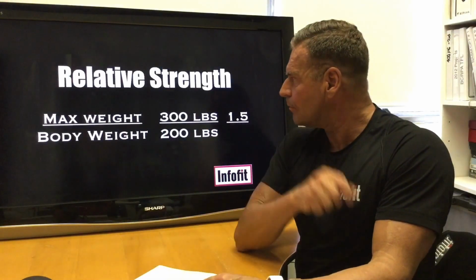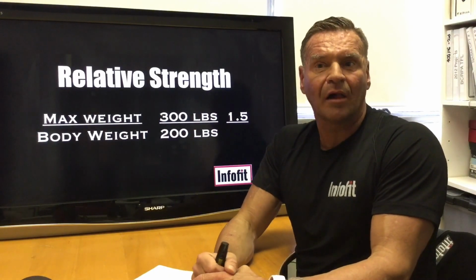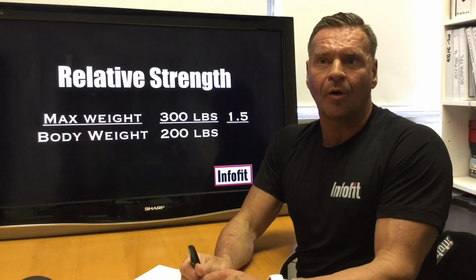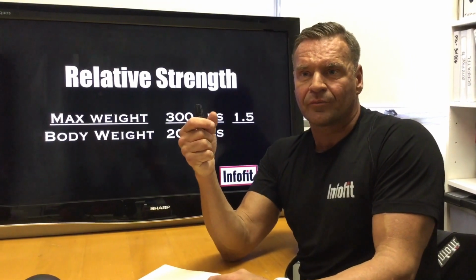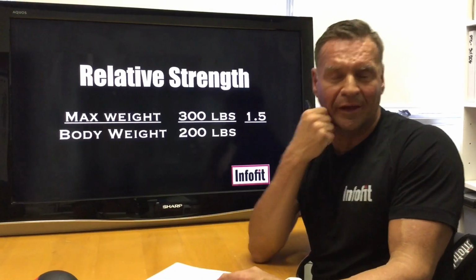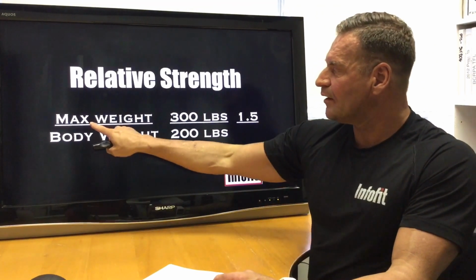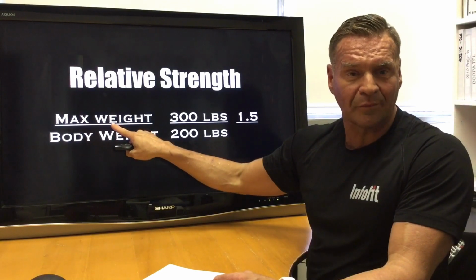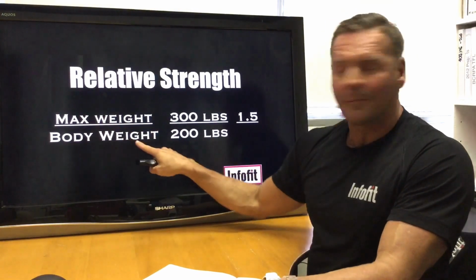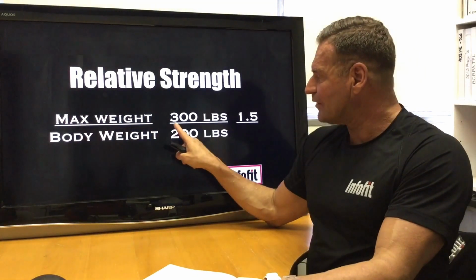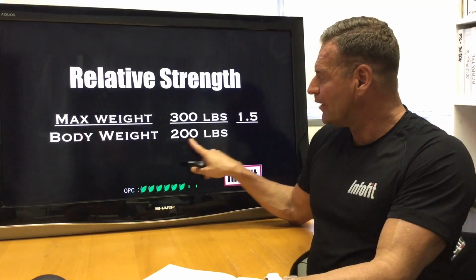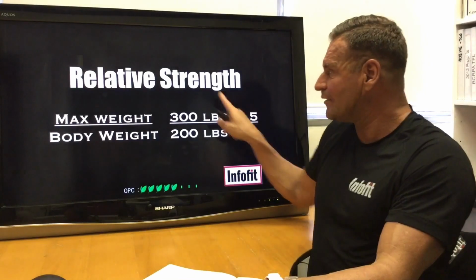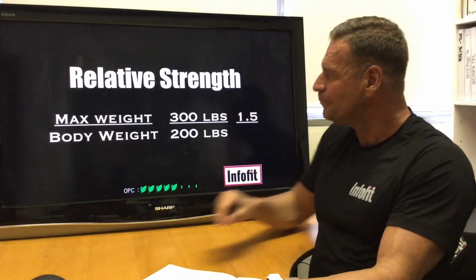Next word is relative strength. Well, let's say I want to compare Joe's bench press and my bench press. The maximum 1RM weight that I can push once is divided by my body weight. So if I do 300 pounds on bench press, and I weigh 200 pounds, my ratio, my relative strength, is 1.5.